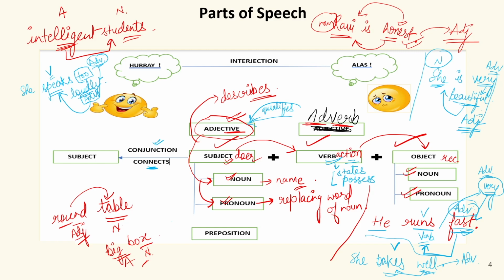It means conjunction is a word which combines or connects two or more words, clauses or sentences together.